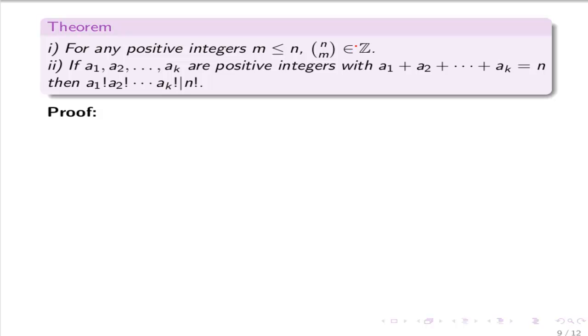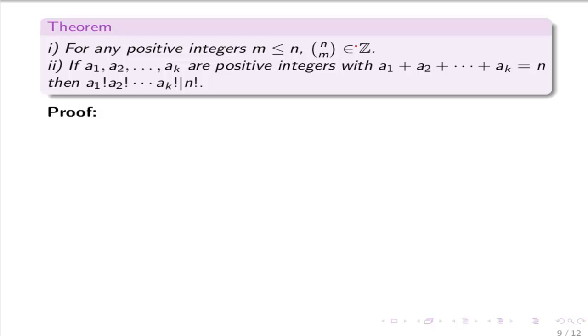And if you've had any combinatorics, well, you'll say, well, of course, we know that this is a whole number because it's the number of ways of choosing m objects from a collection of n objects. But what we want to do here is just think of this as a symbol defined in terms of factorials and ask, how do you use just basic divisibility properties to prove that that symbol is an integer?